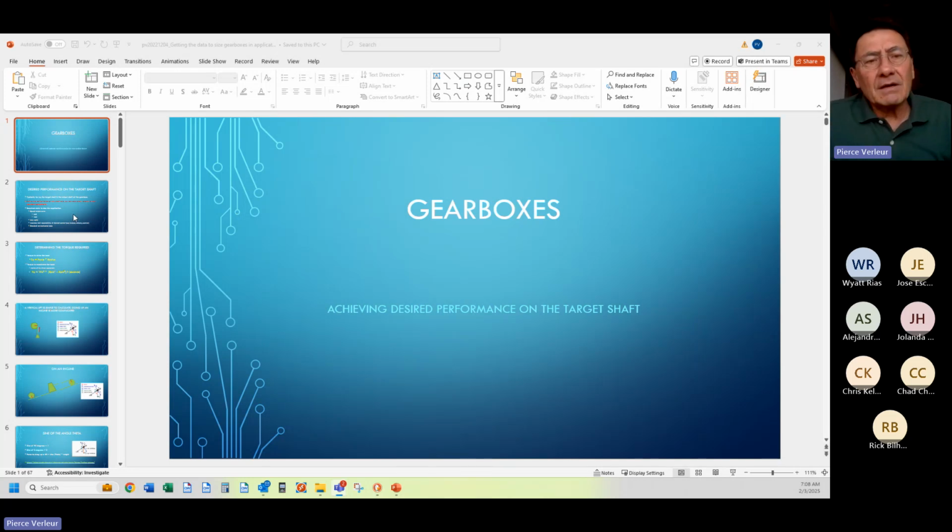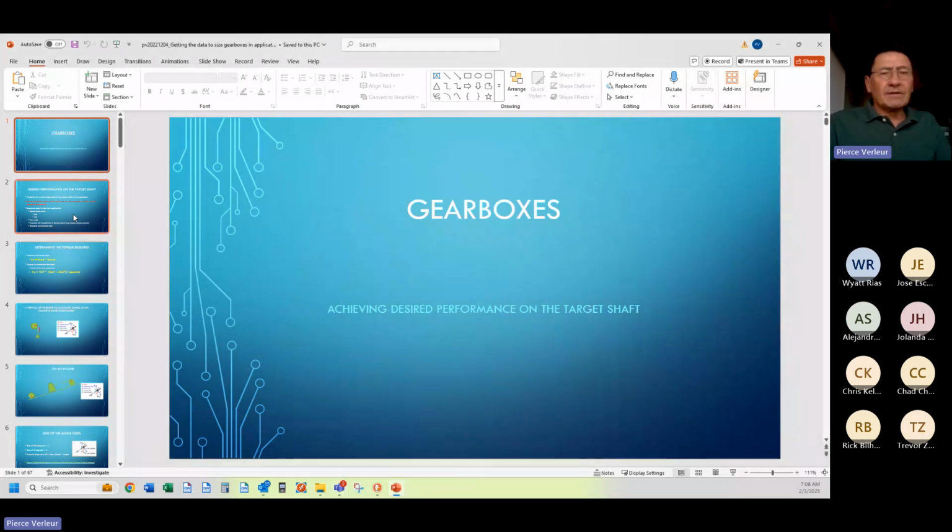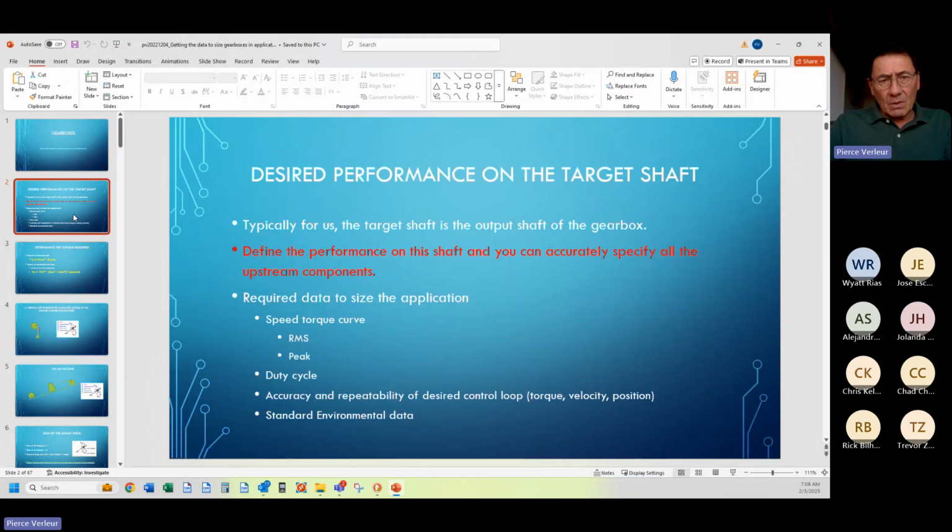So, the concept of the target shaft. Let's not think about the gearbox, which may seem a little bit initially counterintuitive. We want to define the performance on the target shaft. And typically for us, the target shaft is going to be the output shaft of the gearbox. That's where our responsibility will end.